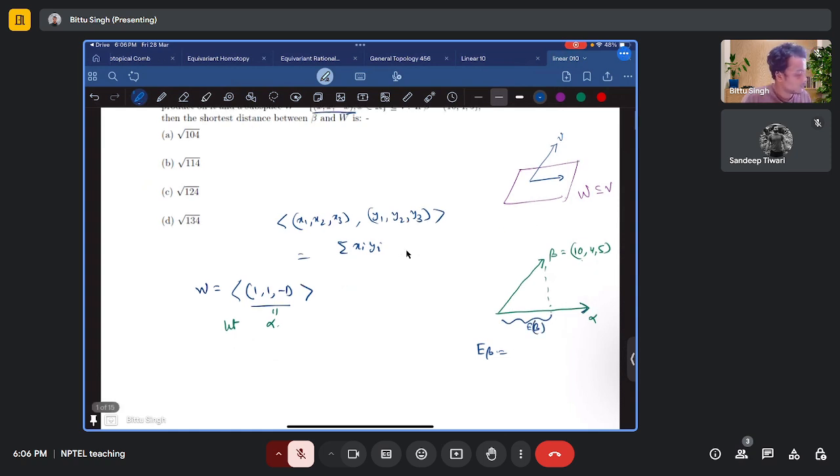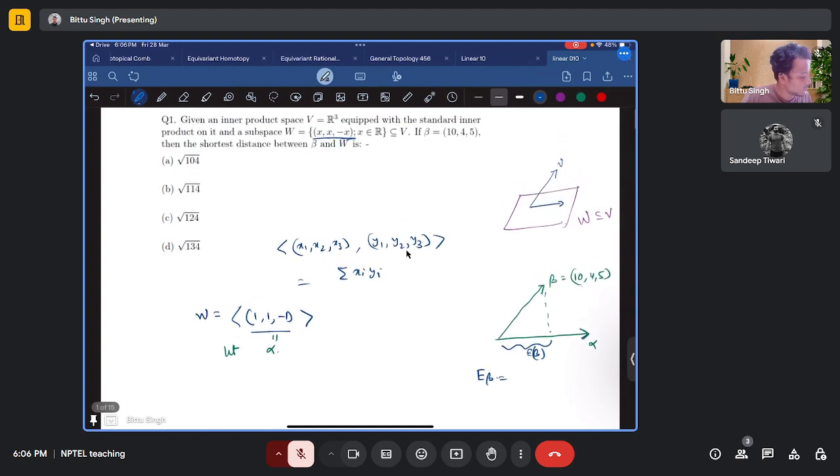What is the formula for projection? It is simply take this inner product, divide by the norm, and multiply with alpha. That is as usual. In general, in physics also, we already know how we compute those projections.